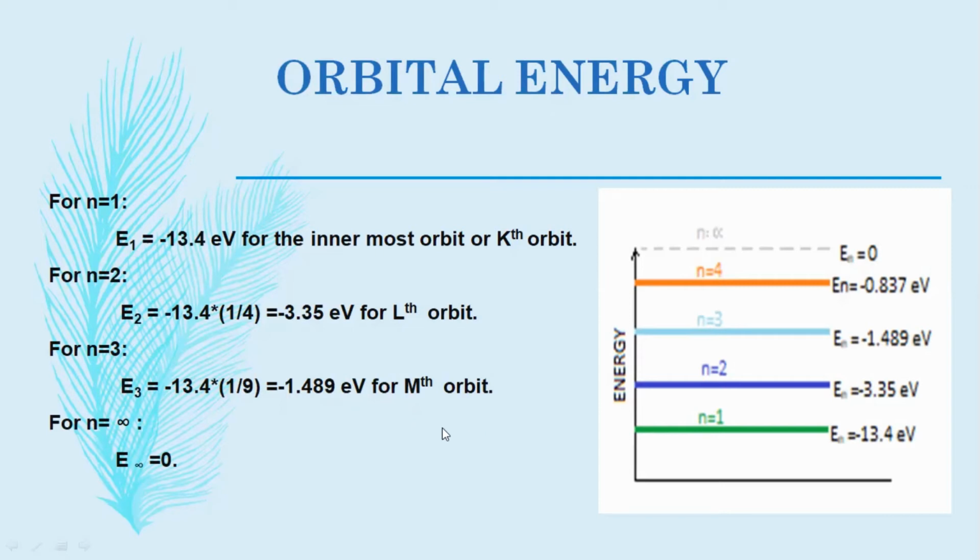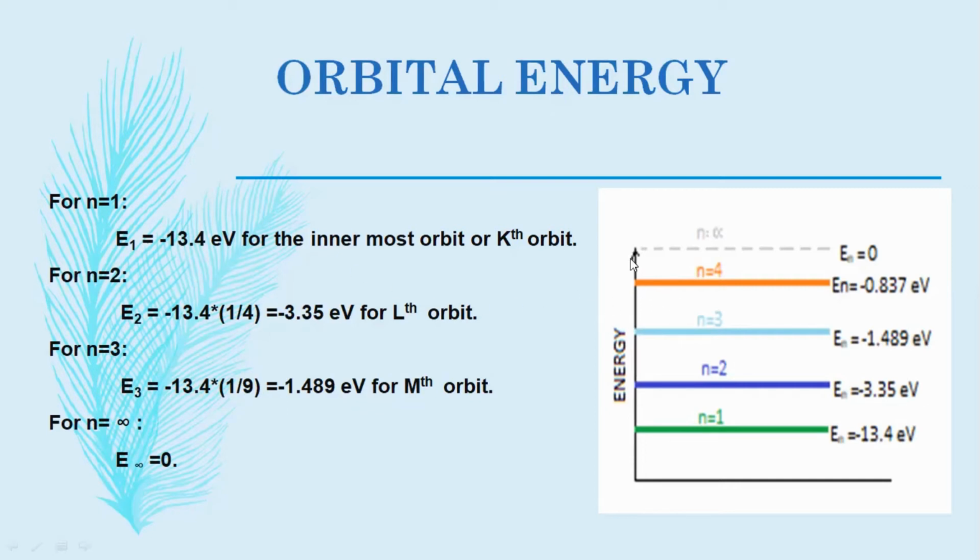That means as you move to the outer orbits of any atom, the orbital energy is reduced. That's why it is easier to remove an electron from an outer orbit, and very tough to remove an electron from an inner orbit, because the inner orbit has higher energy.